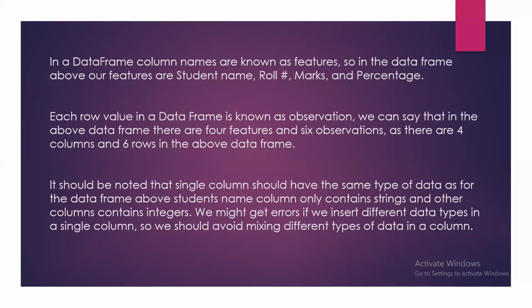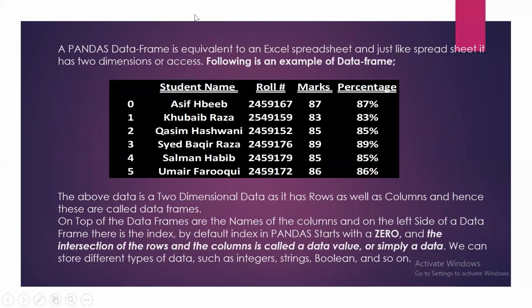So in this data frame, the features are student name, roll number, marks, and percentage. In the column showing the student's name, the feature of the data which will be contained is the name of the students, and the type will be a string, because these are the names of the students.